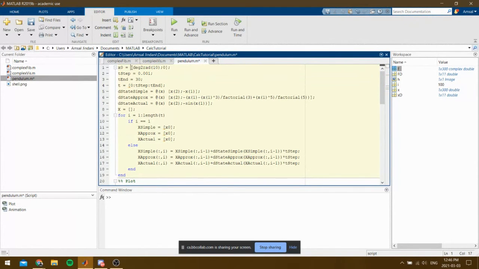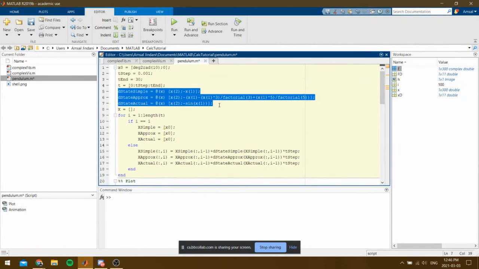Our state vector, remember, was two variables, our theta and our theta dot. So the initial condition of the system is that theta is equal to 10 degrees and that theta dot is equal to 0. So you basically move the pendulum 10 degrees and you just let it go. And this is just my integration. I'm going to be taking steps of 0.001 seconds, and I want my simulation to be 30 seconds long.